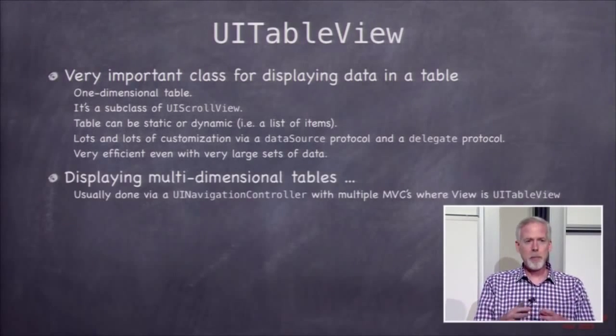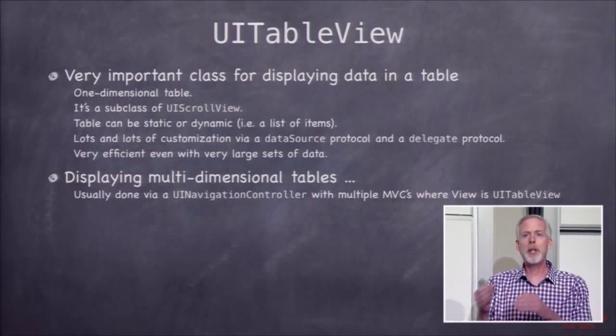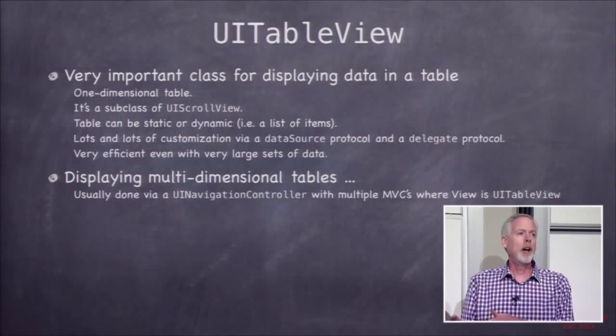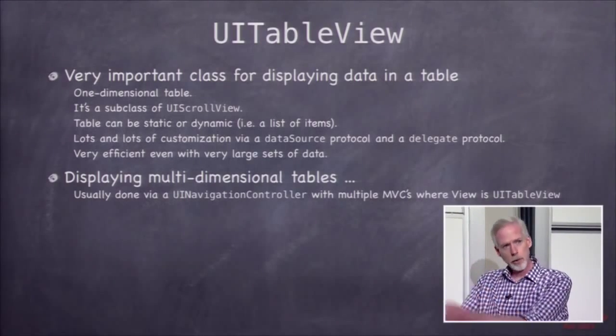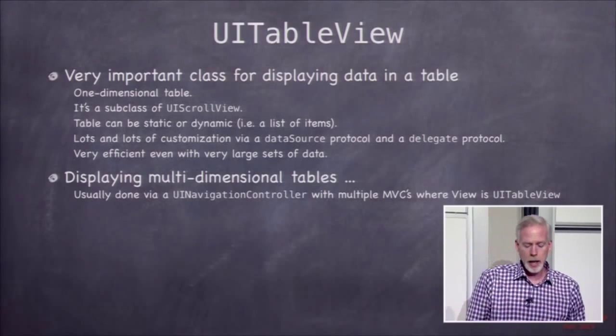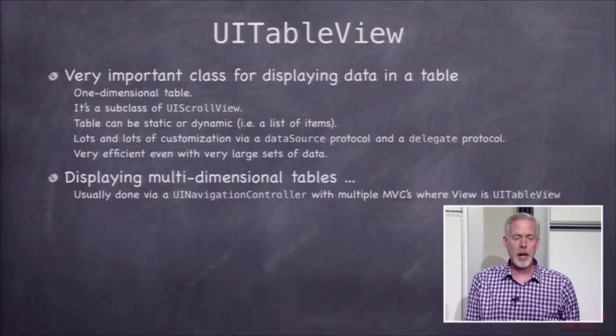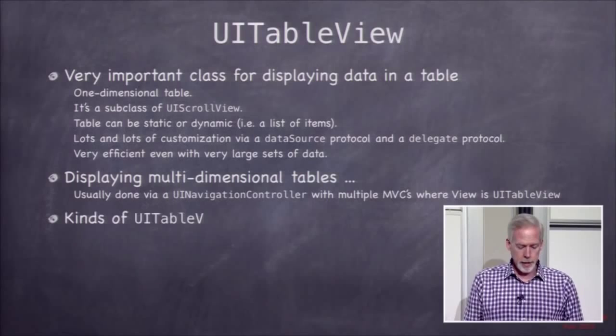When we want to display multi-dimensional things, like a spreadsheet would be, then we just put multiple table views into navigation controllers. And so users touch rows and we slide in the next row, basically, or the next column if you want to think of it in spreadsheet type terms. So that's how we do it. The table view itself doesn't manage multi-dimensional data.